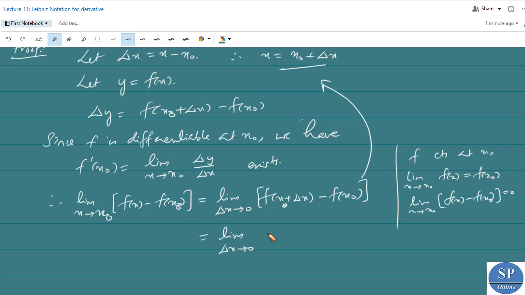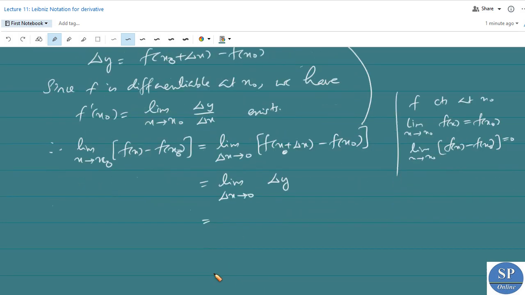Now this is equal to the limit as delta x approaches 0 of delta y. We are just dividing and multiplying by delta x. So this is the limit as delta x tends to 0 of delta y divided by delta x into delta x.